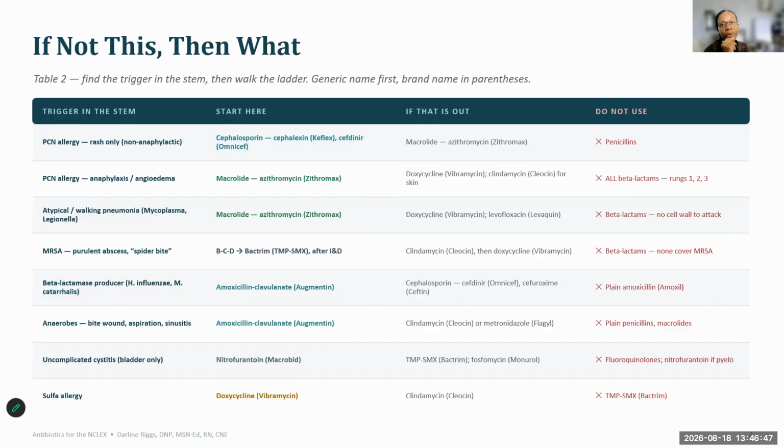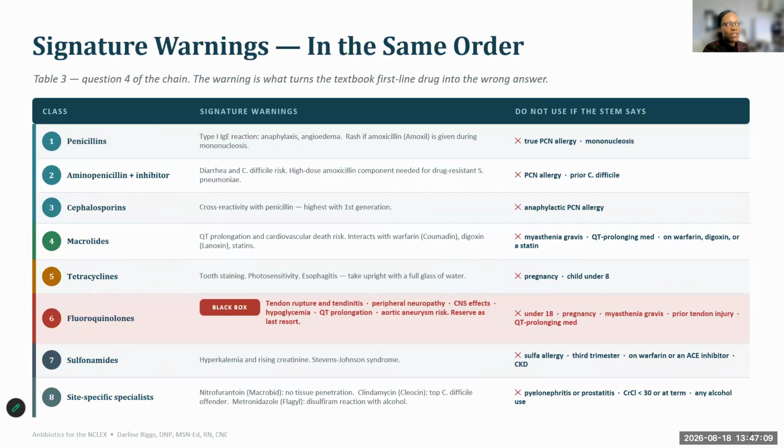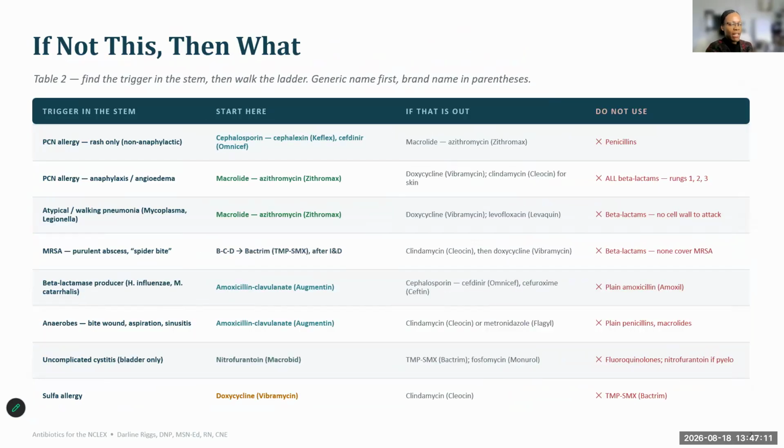But we always say fluoroquinolone for last measure, severe. You're never going to go to a fluoroquinolone first, because look, if you go back to see, oops, it's number 6. So by the time you get there, unless we're talking a non-complicated UTI, you have a lot of options. Okay, so keep that in mind.